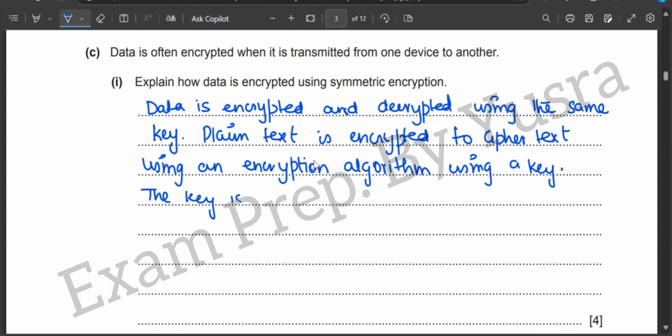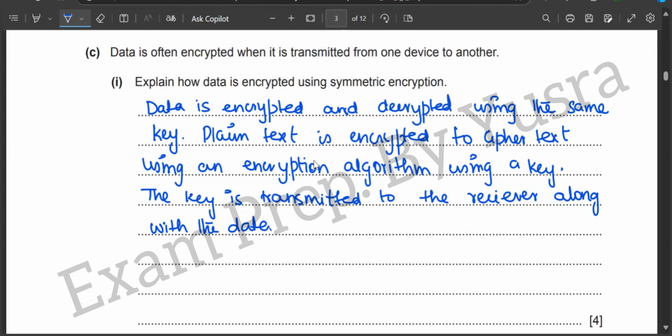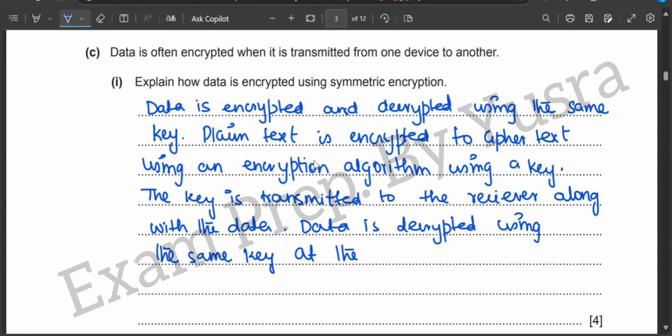The key is transmitted to the receiver along with the data. Data is decrypted using the same key at the receiving end.